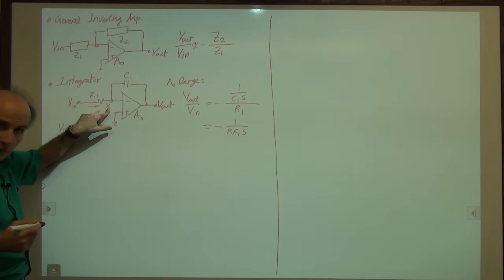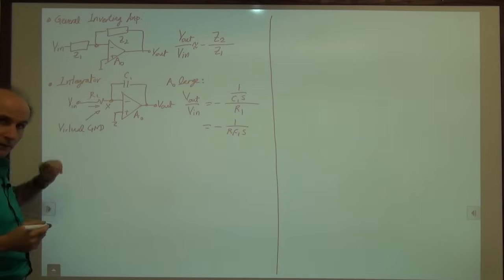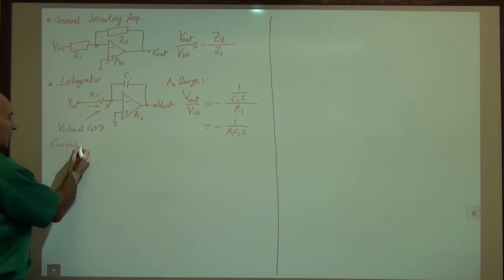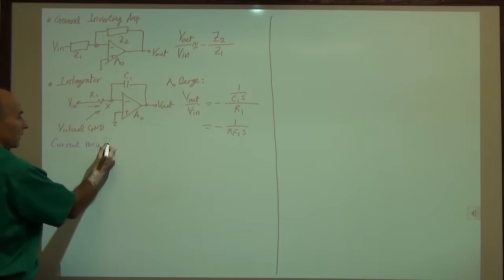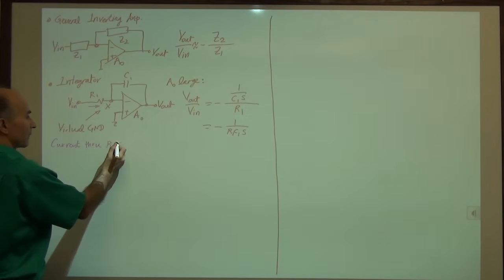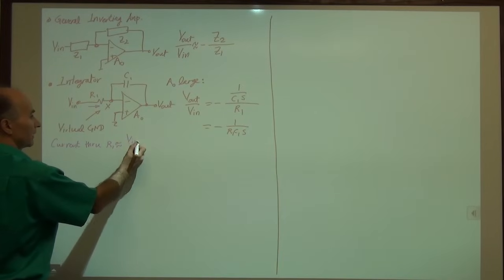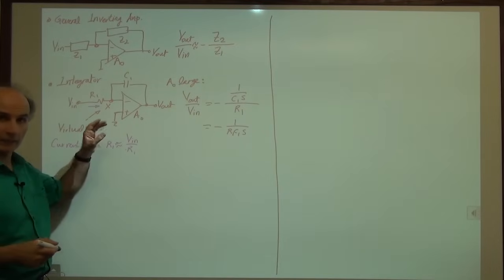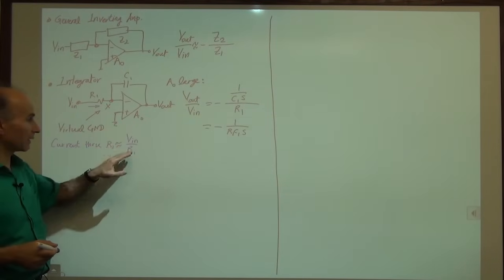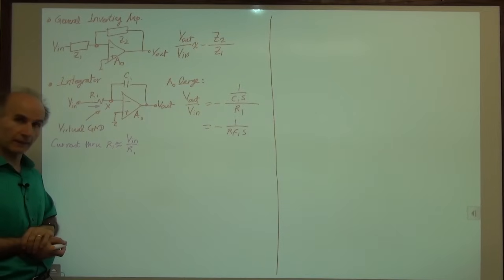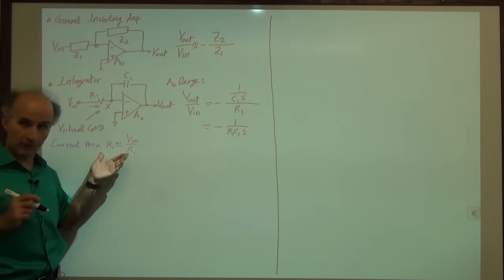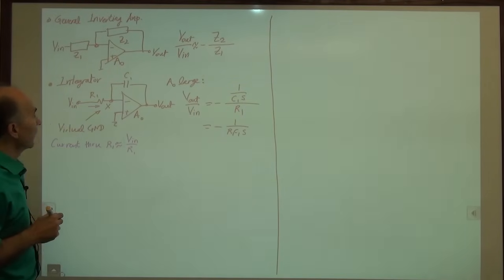But Vx is very close to 0, so it's V in over R1. In reality, it's V in minus Vx over R1, but because of the virtual ground property, we can say it's approximately equal to V in over R1. This, of course, also was true in the inverting amplifier that we studied last time. It's the same thing.